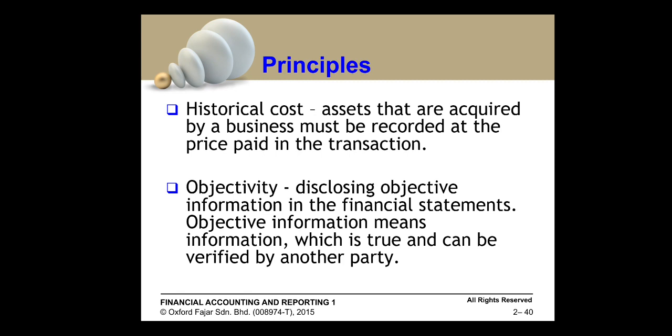When you prepare the financial statement, you have to report objective value, the value that is true and can be verified by another party. You cannot report numbers based on perception, but you have to report objective numbers.